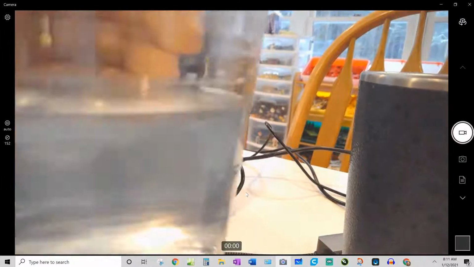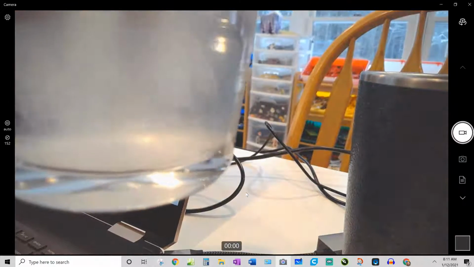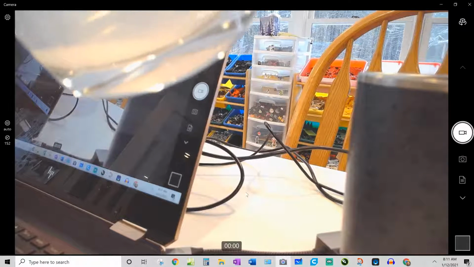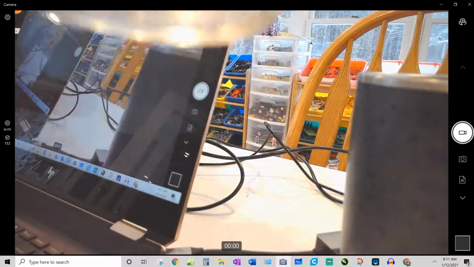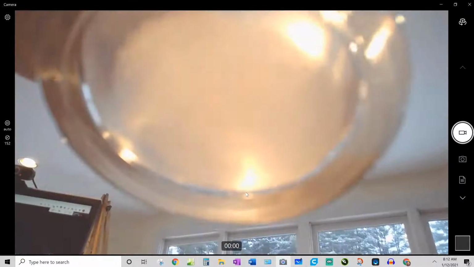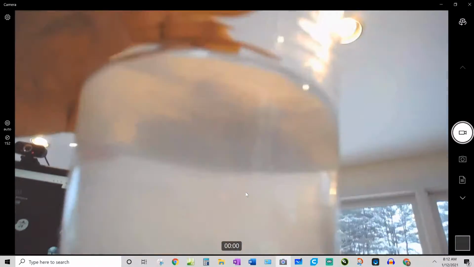So let me add some more. And see if I can get it to settle over here. There. Well, come on. Can you see it now? This is terrible camera work.